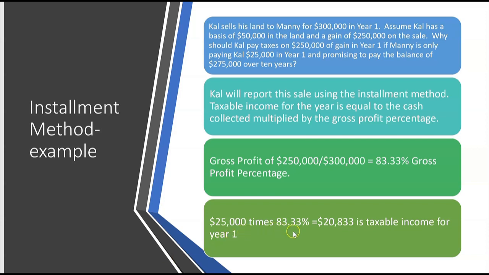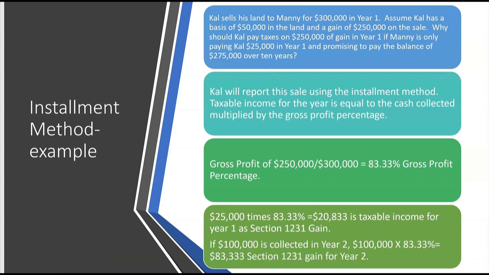So multiply that times 83.33%, and here's the taxable income for Cal in year one, $20,833. And that would all be Section 1231 gain. So $20,833 is a Section 1231 gain for Cal in year one, but Cal can defer gain on any cash that hasn't been received yet.